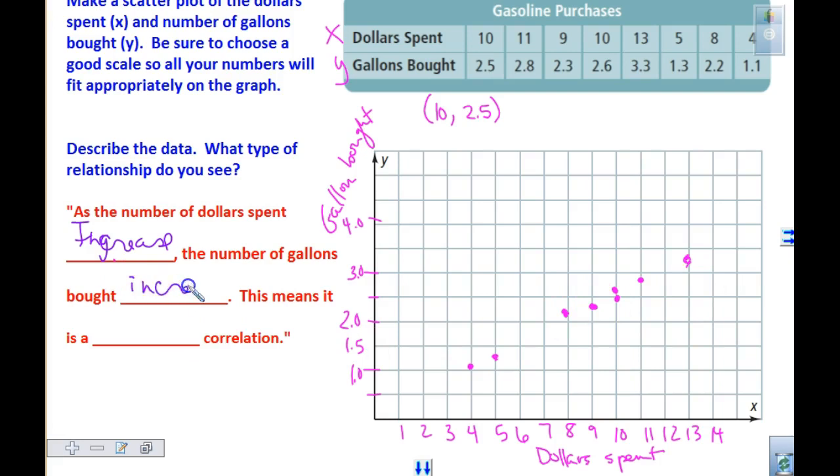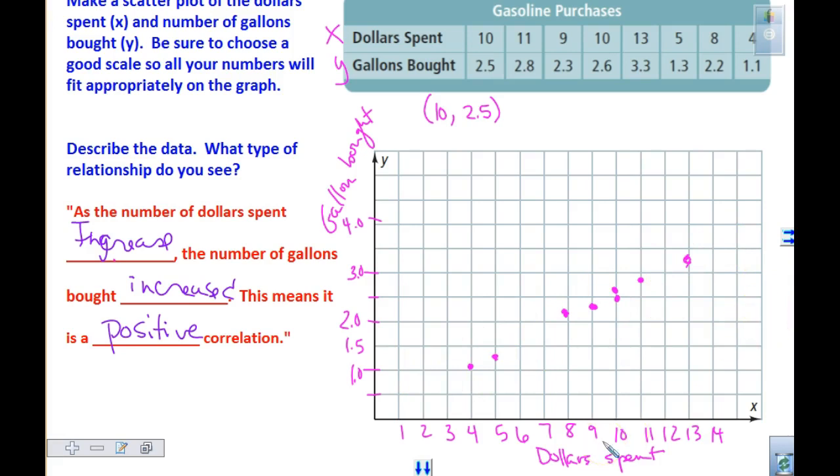Increase. This means we have a positive correlation. Okay, so we're talking about a positive correlation on that next page. And we're not drawing a line connecting them, it's just a scatter plot.